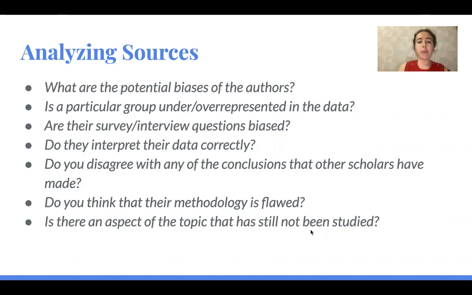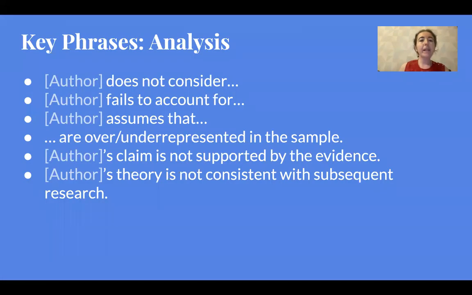You are, in your research, adding something new. And part of that means identifying and pointing out what has not been studied, has not been researched, etc. So some key phrases here for some critical points. Author does not consider something. Author fails to account for something. Author assumes that something.